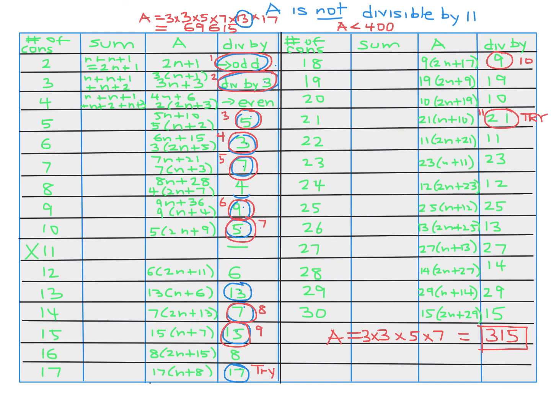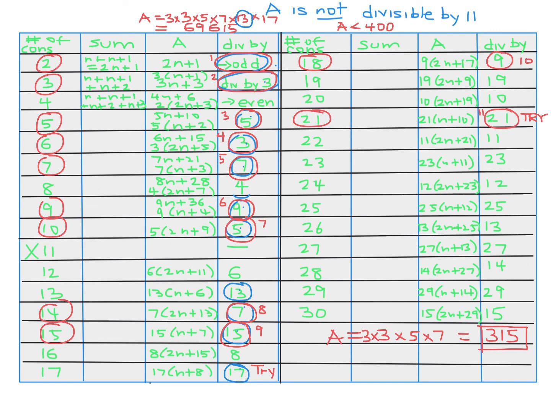We have shown that therefore A can be written as a sum of consecutive integers in 11 different ways, namely 2 consecutive integers, 3 consecutive integers, 5 consecutive integers, 6, 7, 9, 10 consecutive integers, 14 consecutive integers, 15 consecutive integers, 18 consecutive integers, and 21 consecutive integers.